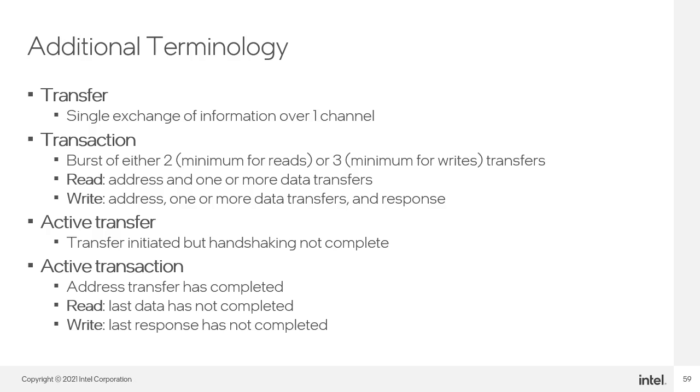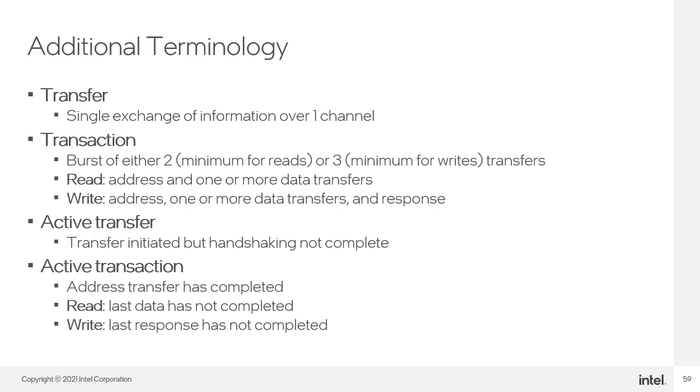Multiple data transfers can be performed, but there must be at least one. For a write, the first 2 transfers are for the address and data channels like on a read, while the third transfer is for the separate response channel on a write. You'll see how these separate channels and transfers work in a moment.